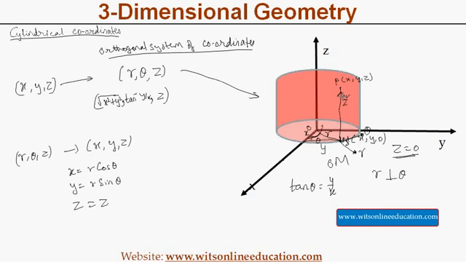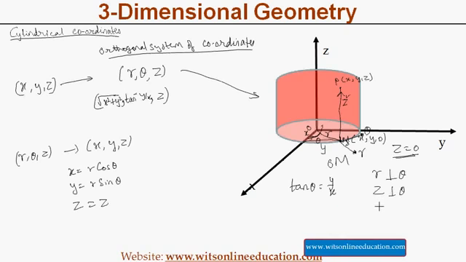Similarly, this z direction is perpendicular to this xy plane, hence will be perpendicular to both this theta direction and the direction of r, because both this r direction and theta direction lie in this xy plane. So we see that the three directions along which we are measuring r, theta and z are mutually perpendicular, hence this is an orthogonal system of coordinates.